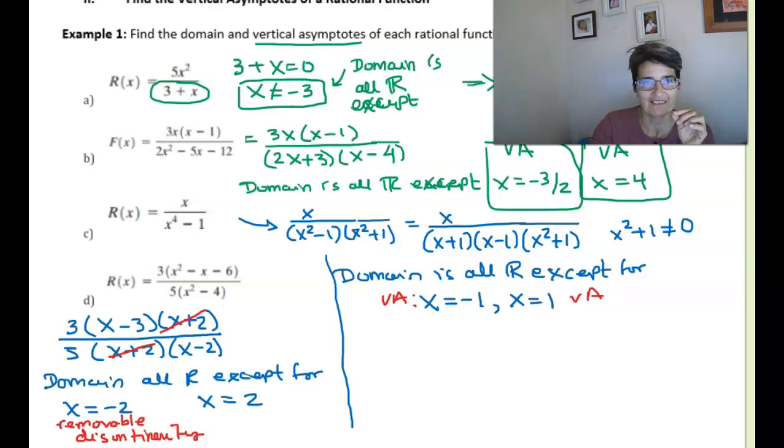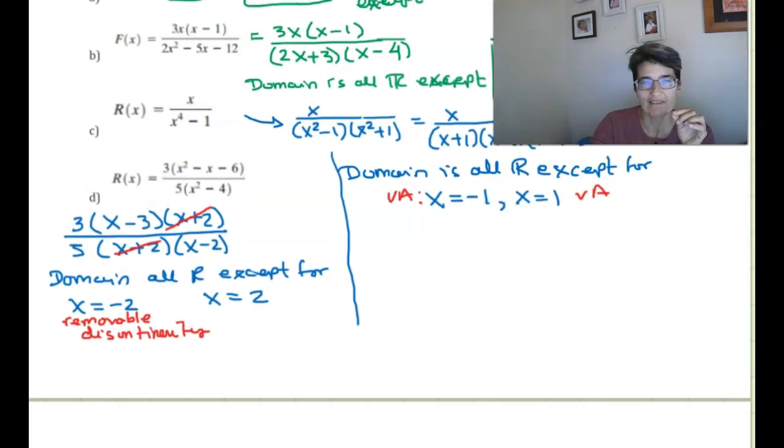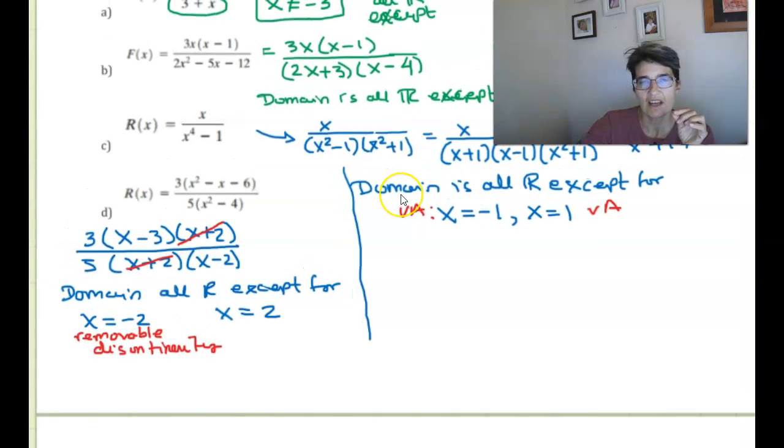Okay, let me scroll down so you can see, I'm right at the bottom there. So it's a removable discontinuity. When you graph this, you're just going to graph the whole graph, but you're going to put a hole. So at x equals negative 2 and whatever y value goes with that, you're going to draw a hole within the function.